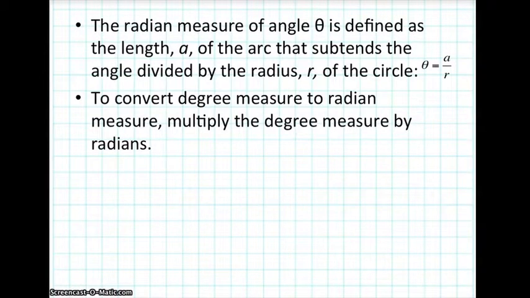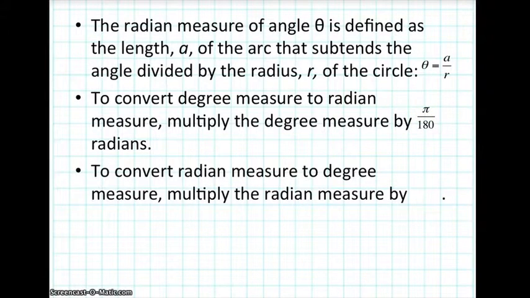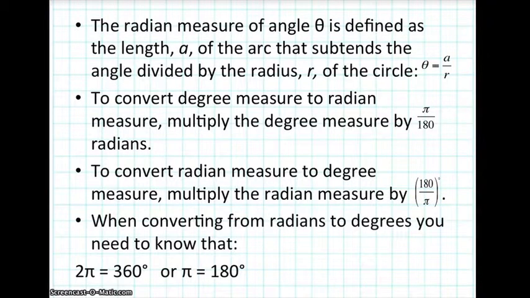To convert degree measure to radian measure, multiply the degree measure by pi over 180 radians. To convert radian measure to degree measure, multiply the radian measure by 180 over pi degrees. And when converting, you need to know that 2 pi equals 360 degrees, or pi equals 180 degrees.